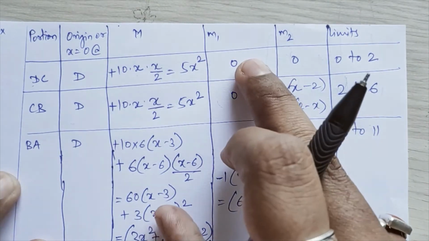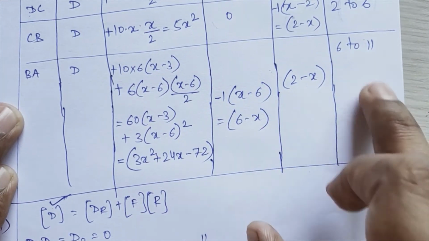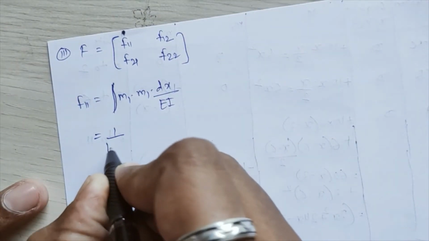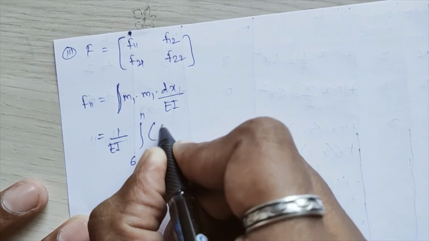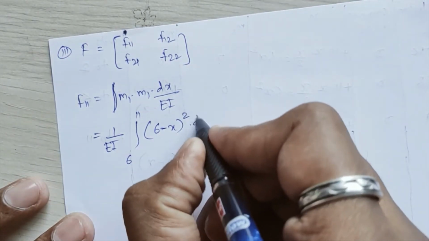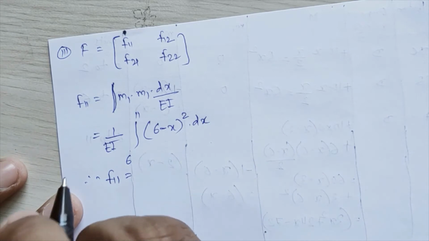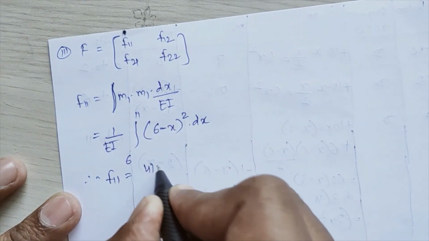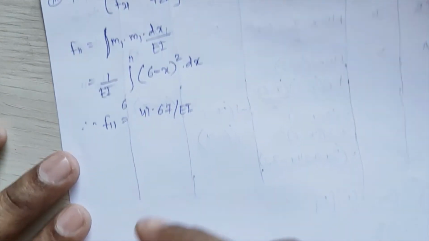For the first portion it is 0, the second portion is also 0, for the third portion it is 6 minus x within limits 6 to 11. So I'll get 1 upon EI constant, integration from 6 to 11 of 6 minus x into 6 minus x, that will become 6 minus x square into dx. From this I have got f11 is equal to 41.67 upon EI, positive.